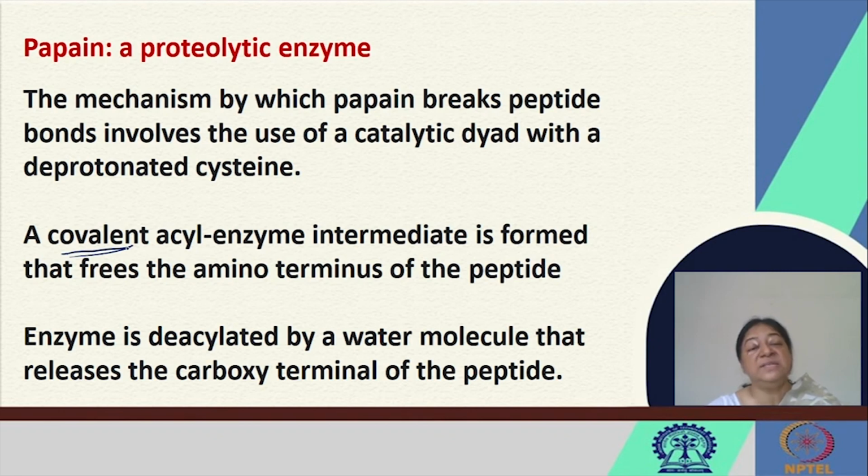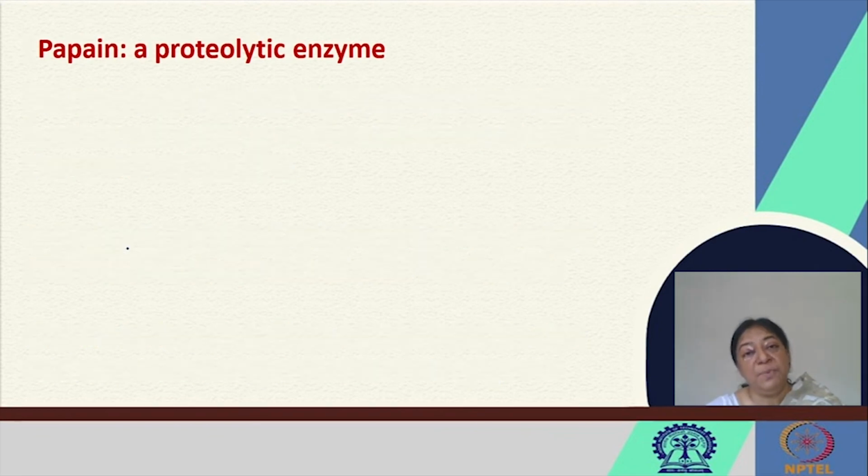We have to realize that in a proteolytic system, we are cleaving the peptide bond. These are proteases, proteolytic enzymes that are cleaving the peptide bond. So there is the generation of a new amino terminus for the cleaved peptide and a new carboxyl terminus. So the enzyme is then deacylated by a water molecule that releases the carboxy terminal of the peptide.